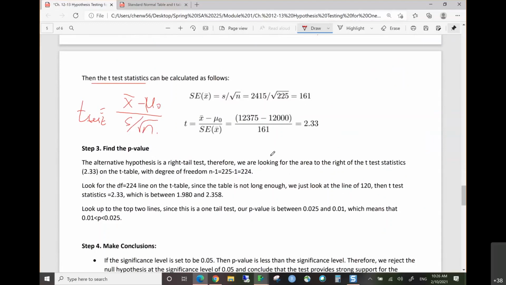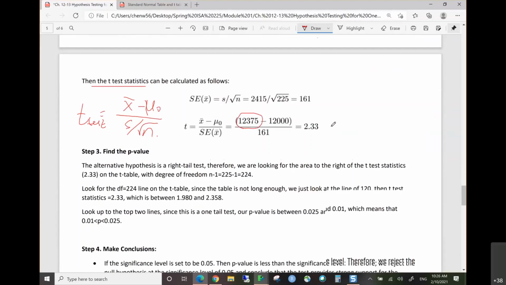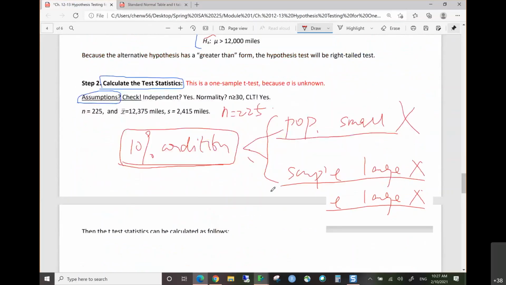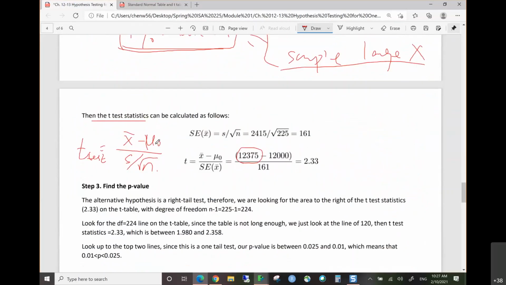The sample mean x bar is given in the question as 12,375. Mu 0 is the hypothesis value in our hypothesis, so it is 12,000, divided by s over square root of n.